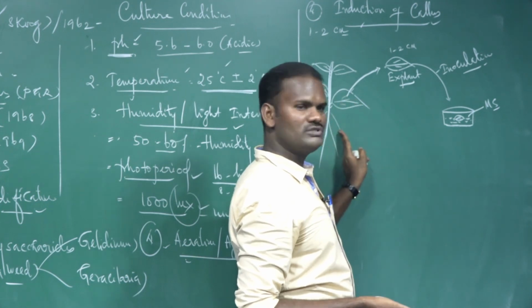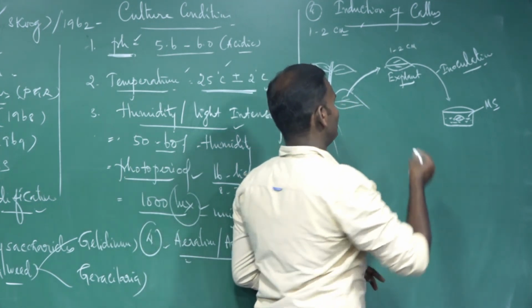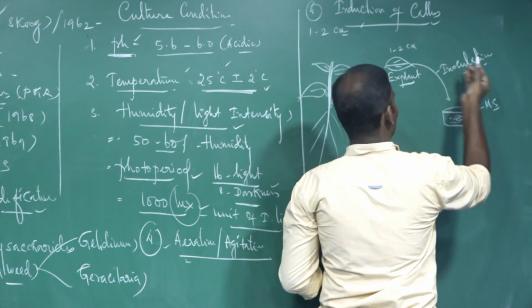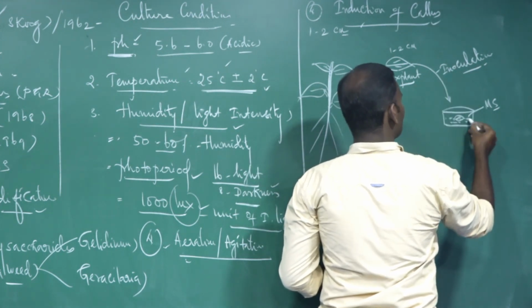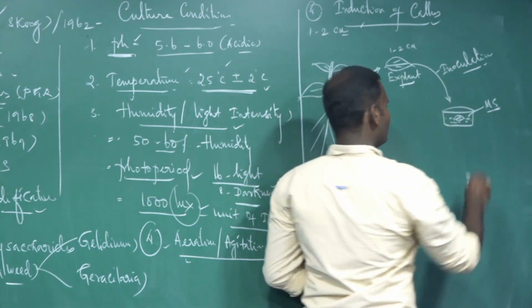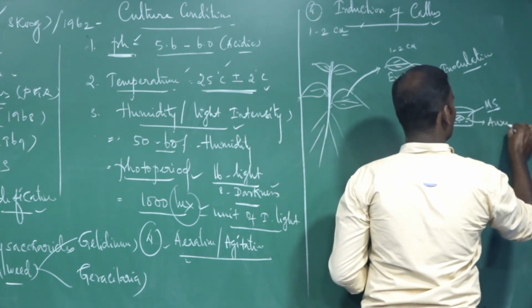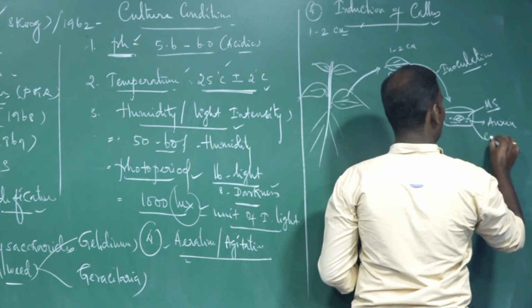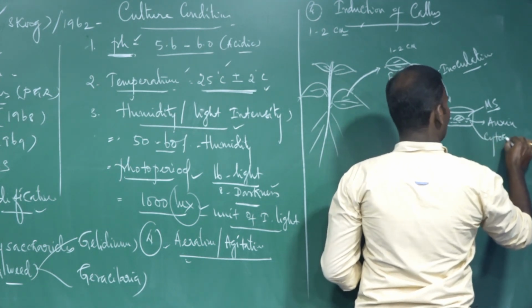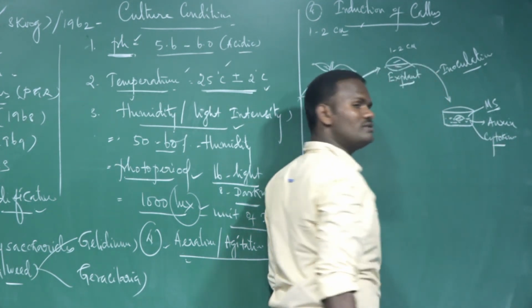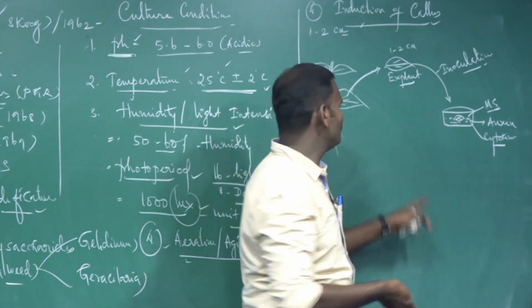So whether the root portion, stem portion, or leaf portion is selected, it should be surface sterilized and introduced into the MS nutrient medium, supplemented with auxin and cytokinin. These are plant growth regulators. They induce the cell divisions of the explant.